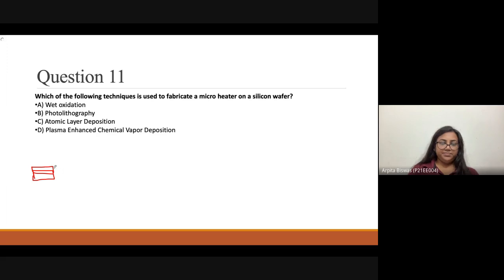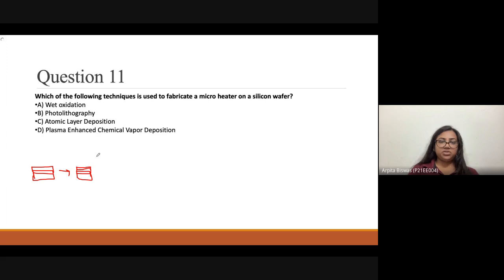The first process is silicon, then silicon dioxide, then nickel. And after the nickel, they have used a positive photoresist, and then they have done the photolithography process.